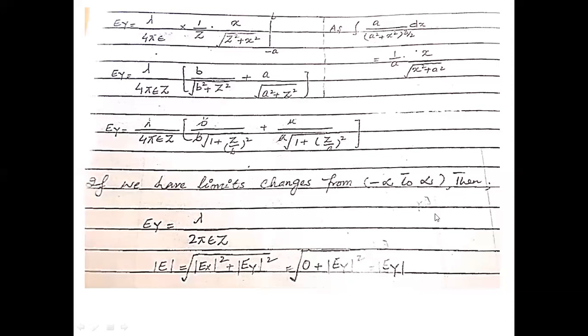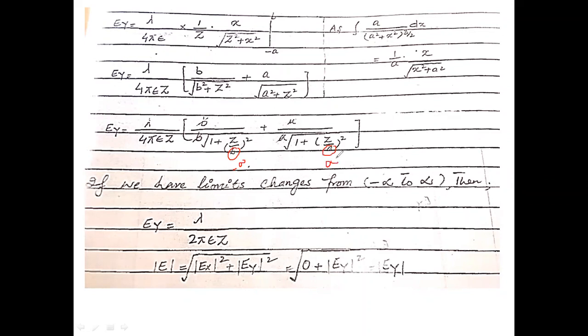Now if we have limits changing from minus infinity to plus infinity, it means we have a very large length. So in this case Ey is equal to lambda over 2 pi epsilon z, because putting the values over here, this is minus infinity, this is plus infinity.